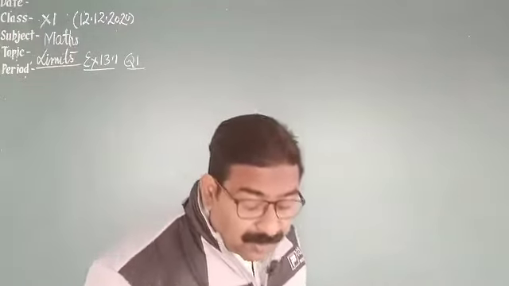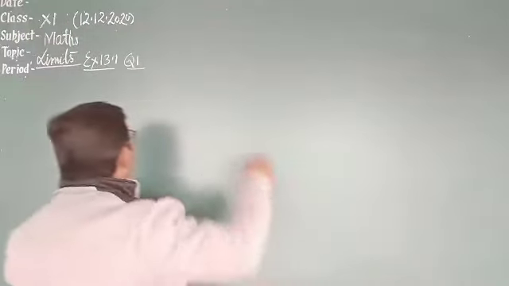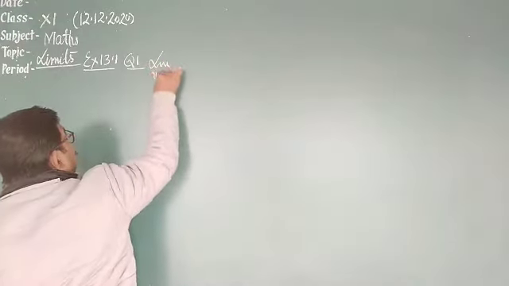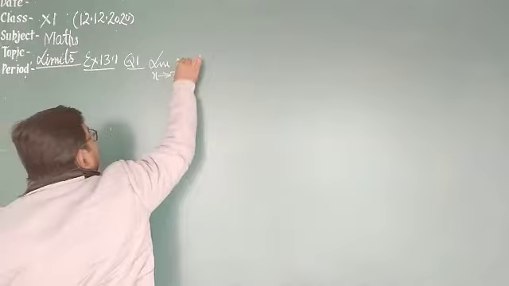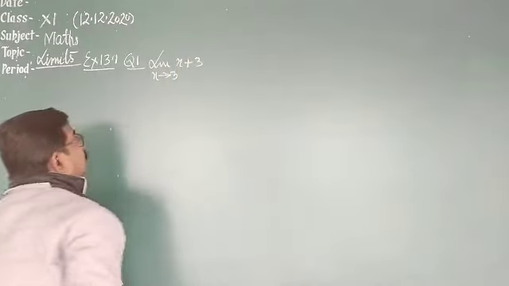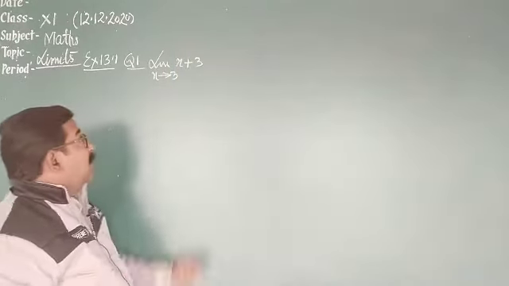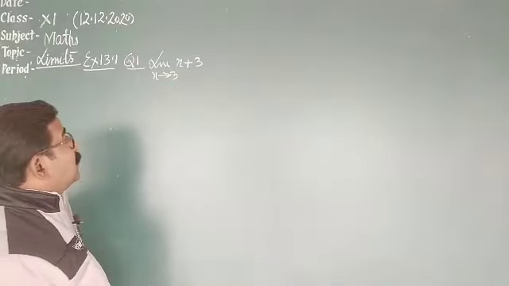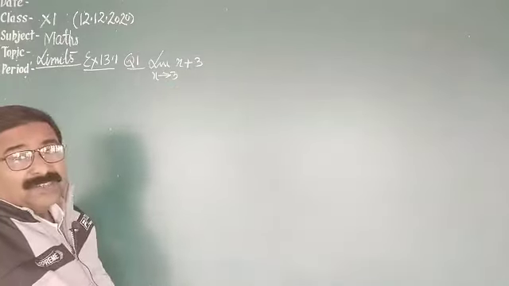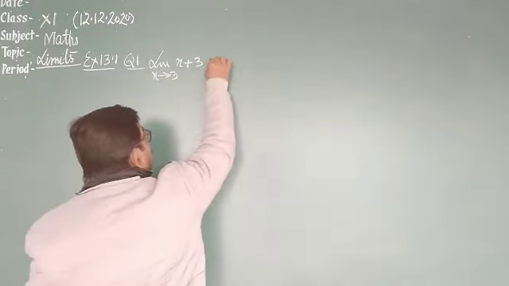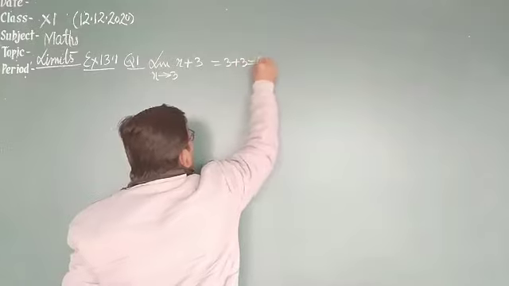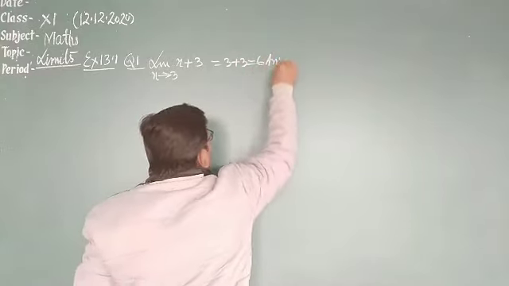Limit x tends to 3, x plus 3. The function is x plus 3 and x is tending to 3. So what we do? Simply we put the value of x as 3. So what is the answer? We have 3 plus 3 is equal to 6.